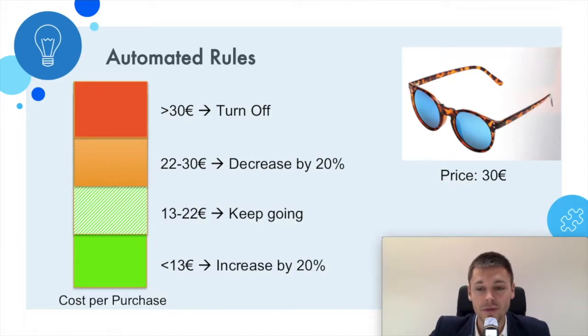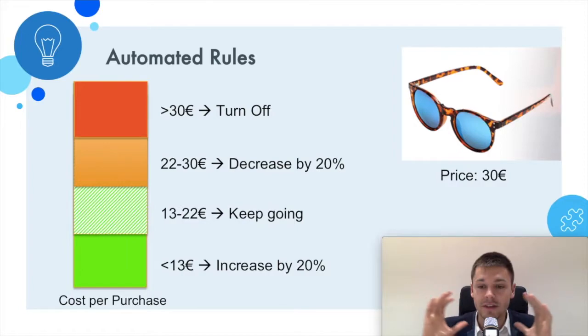First of all, we need to define what cost per acquisition exactly means. I assume that most of you already know that, but just with a small example, imagine that we spend 100 euros in an ad set, and this ad set brings me two sales. So the cost per purchase or cost per acquisition would be 50 euros, because I spent 100 euros and it brought me two sales.